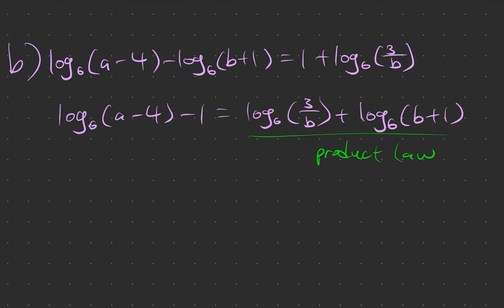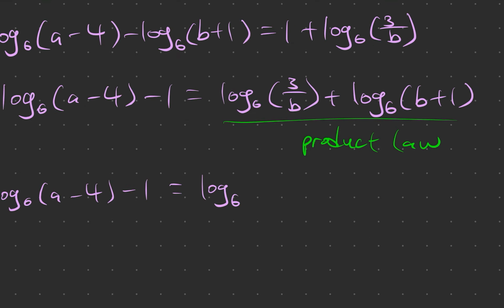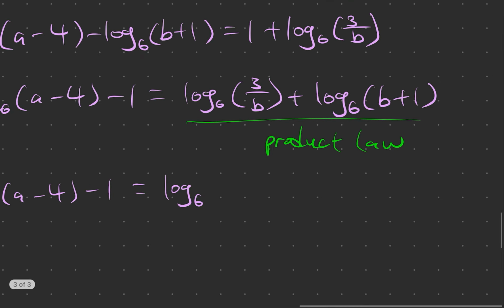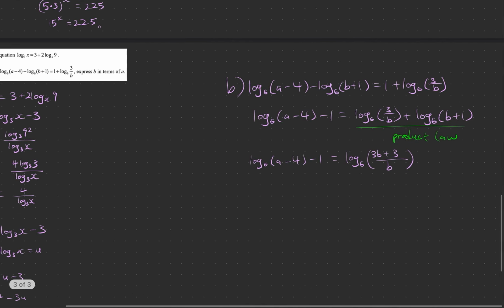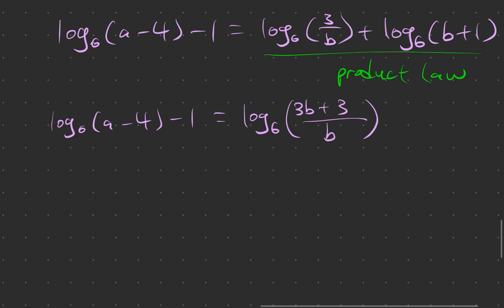So what I'll end up getting is log 6 (a minus 4) minus 1 equals log 6 of (3 over b times (b plus 1)). So that will give me (3b plus 3) over b. Okay. Yeah, we got that. What do we do now?